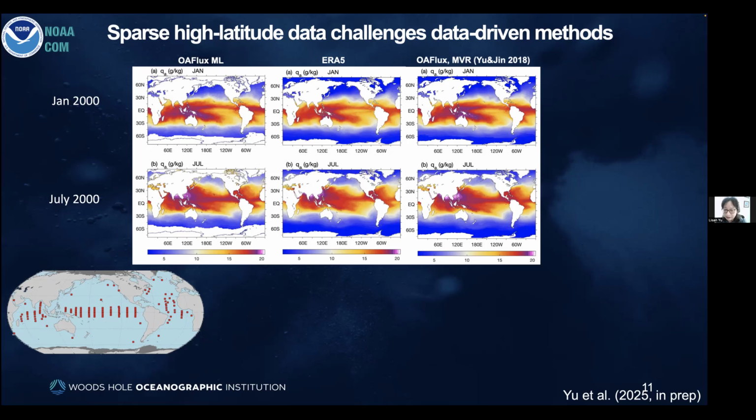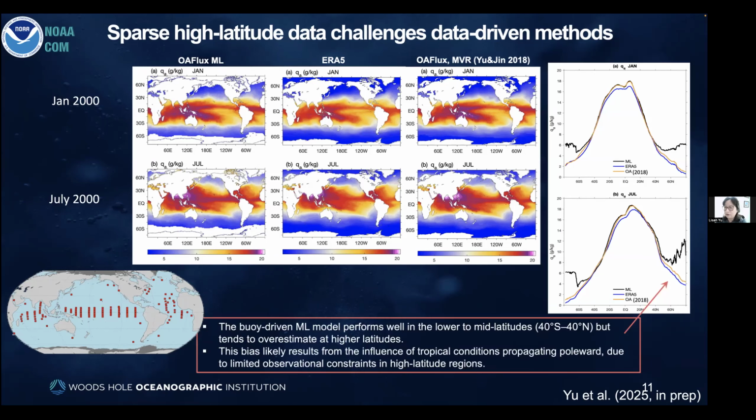The buoys used to train the model are shown on the left, mostly tropical. You can see in the tropical and subtropical regions, the machine learning model is doing a great job because it's similar in basic structure, and also giving really fine details about the humidity distribution in the tropical region.